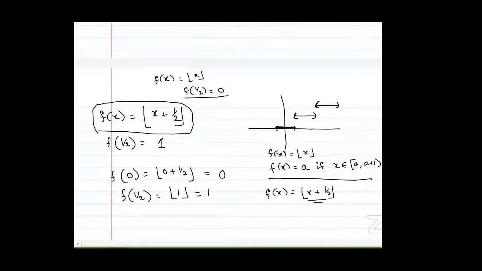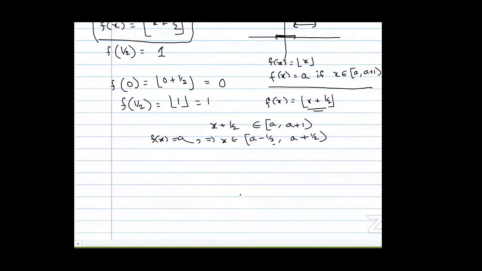Now it will give a when x plus 1 by 2 is between a and a plus 1. So when x is in between a minus half and a plus half, in this interval, then only the functional value will be a. Is it clear? Yes, sir.